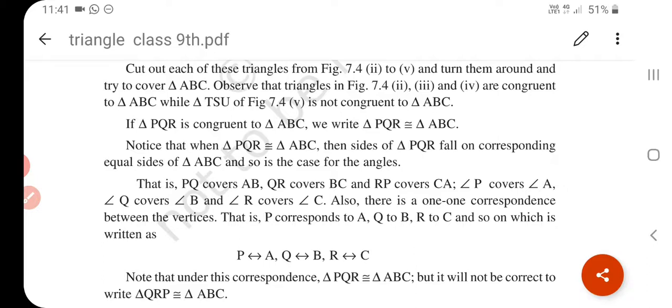Now we can talk about what superposition of two triangles is, and what corresponding sides and corresponding elements are.